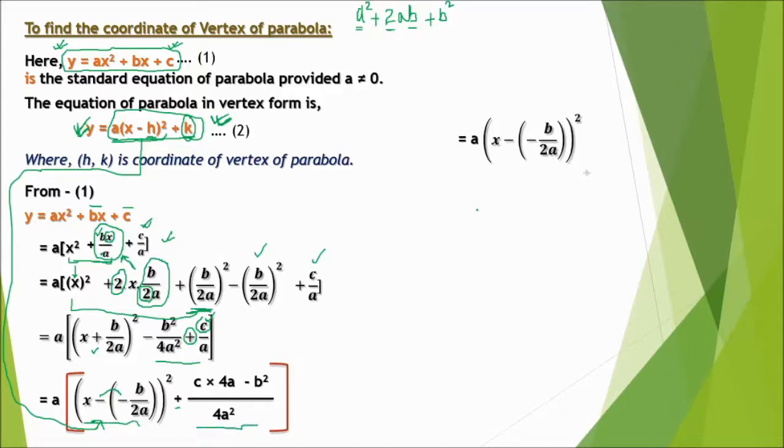The first part and second part into a into the remaining 4a square, and here we can write 4ac minus b square, and we don't have to close the bracket.